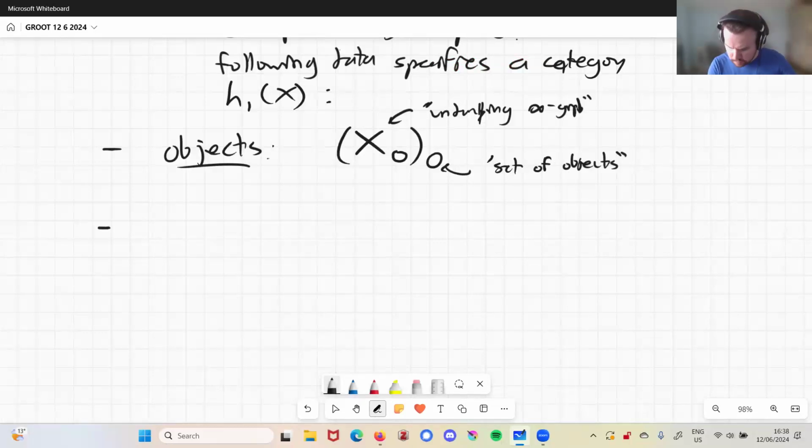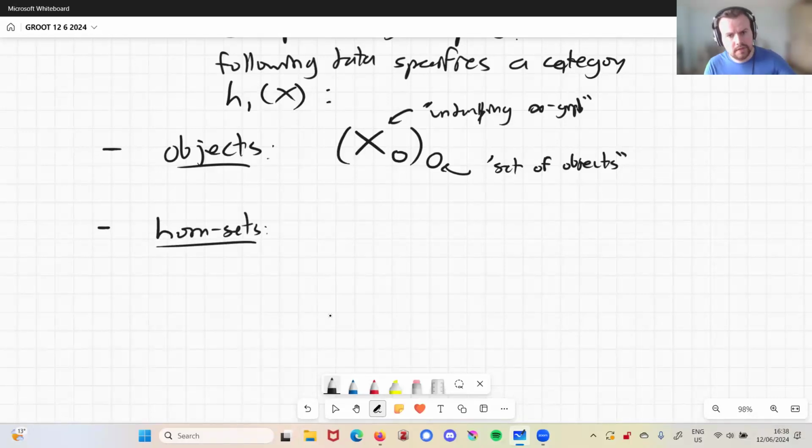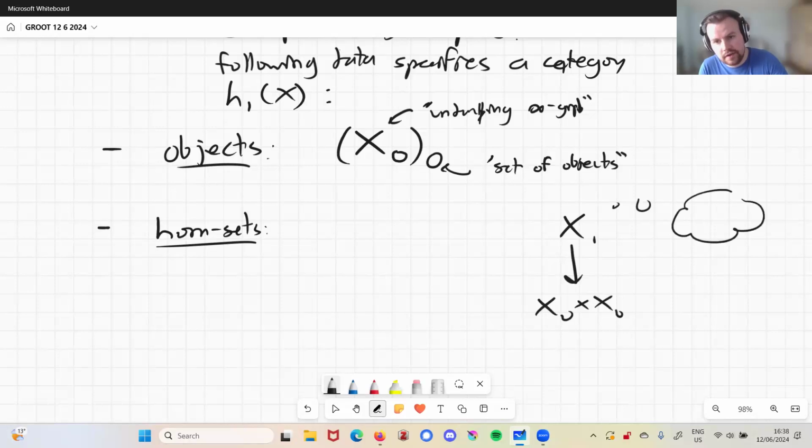So now, what are the Hom sets? Let's just look at this picture first. X_1, remember, is in infinity-one category. It's the infinity groupoid of one-morphisms. X_0 times X_0 is the infinity groupoid of just pairs of objects, right?